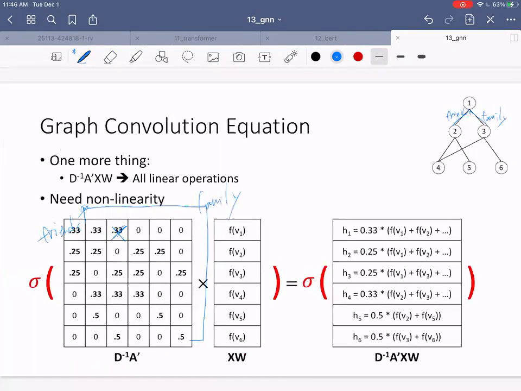So this should be 0 here, and there should be 1 here, like 1, 0, 1, basically like this. And you might want to have another set of node embeddings as well.